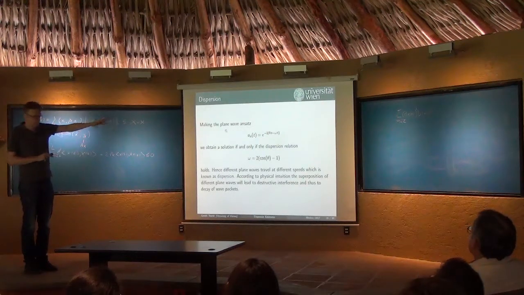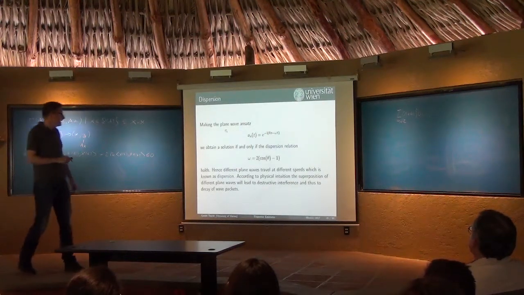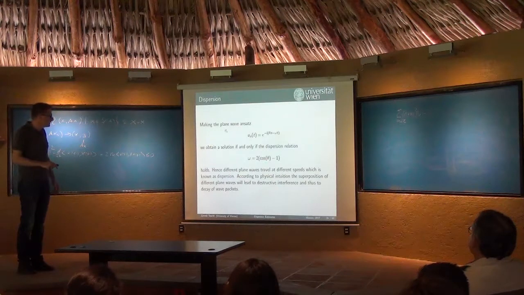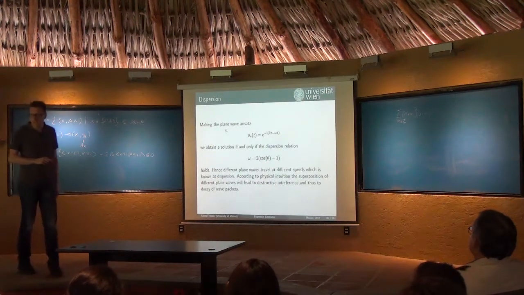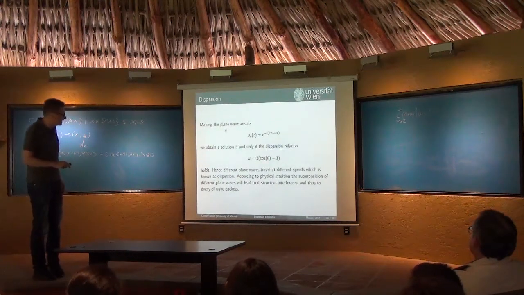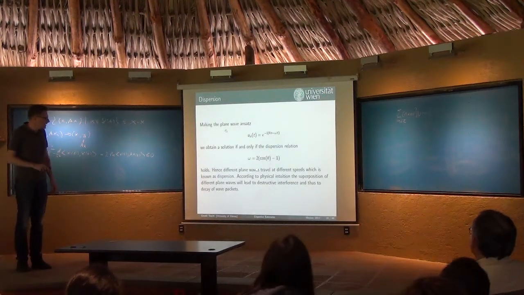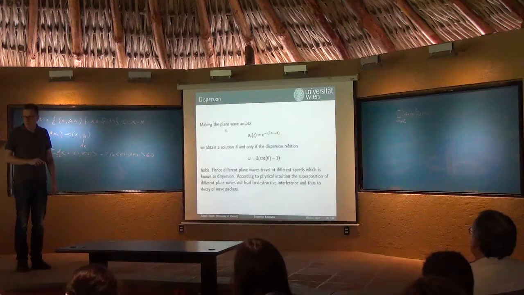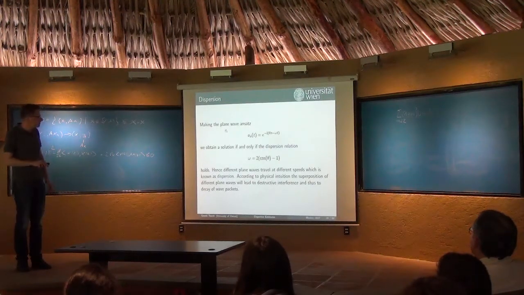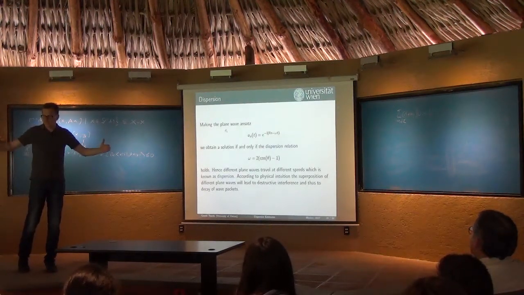These are just your two unknowns, and it will satisfy your equation if and only if they satisfy this relation right here, which physicists would call the dispersion relation. And that tells you that different plane waves travel at different speeds. So the speed of this wave is related to the wavelength.